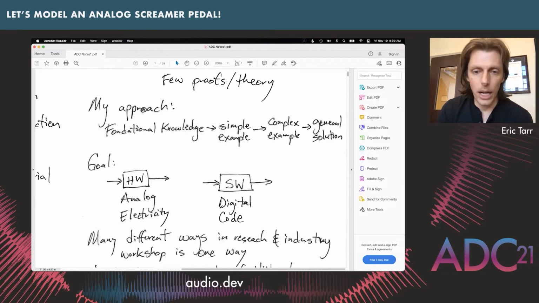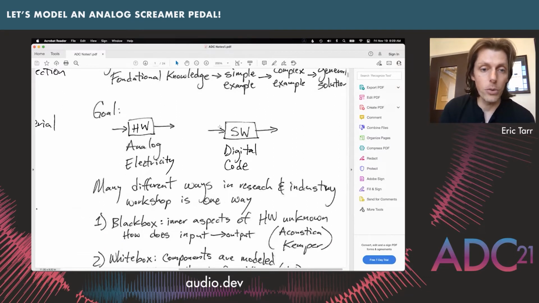The goal of the workshop is for us to look at different ways that we can take something that's an analog system, a hardware effect that takes some input and some output, and turn that into a software system, an effect that takes some code as an input and spits out some code as its output.